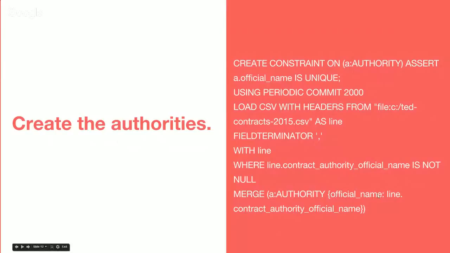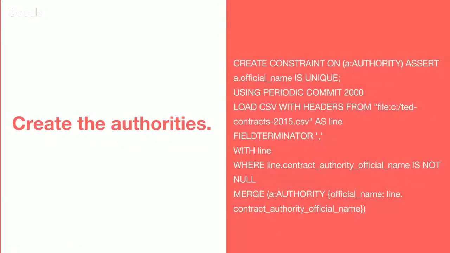The official name property of that node will be line.contract_authority_official_name. So it's very simple here. We are using the value situated in the contract authority official name column to create an official name property.